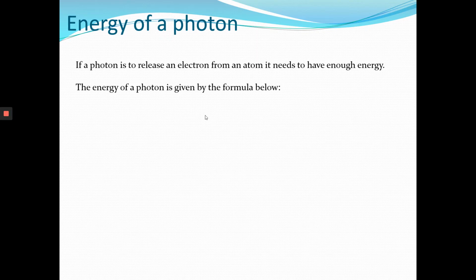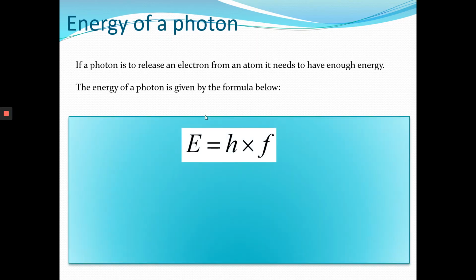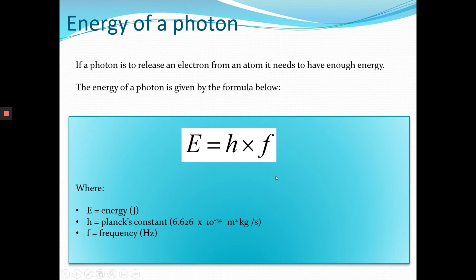The energy of a photon is given by this formula. It's quite a nice, easy formula because E stands for energy, as you would expect, f stands for frequency, as you would expect, but this h is actually a constant, called Planck's constant.